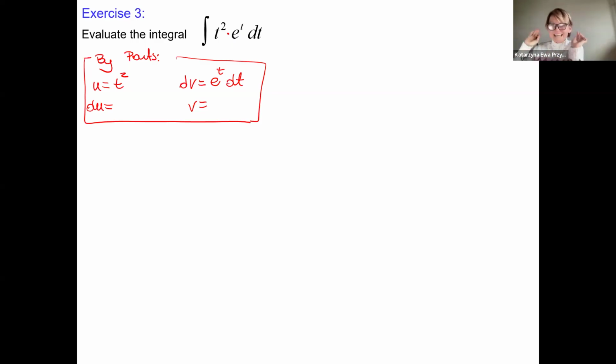That's the important part. That's the art. That's the more expensive part. Now it's the work. Derivative of t squared is 2t dt. Perfect. Integral of e to the t is e to the t. And the blue formula, uv minus integral of v du.